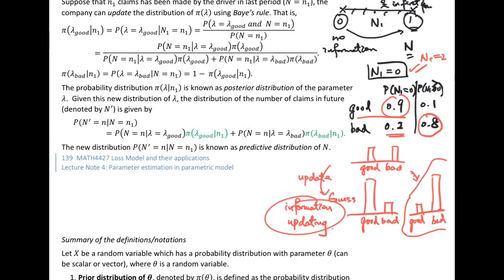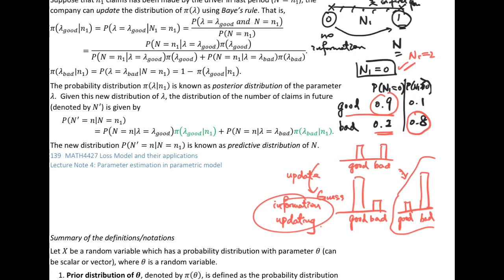Given this new observation, which is your new sample data, you try to update the distribution of your unknown parameter lambda. Okay, this is the basic idea of information update.